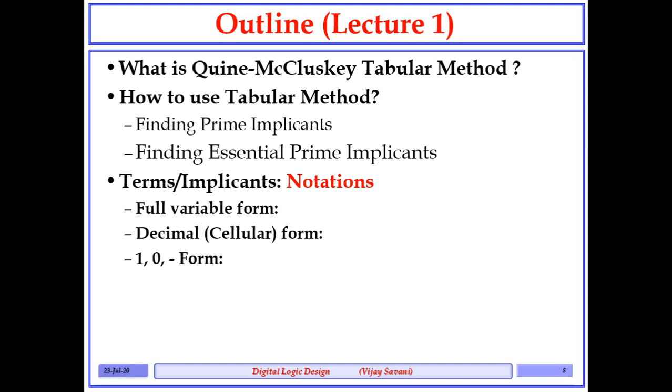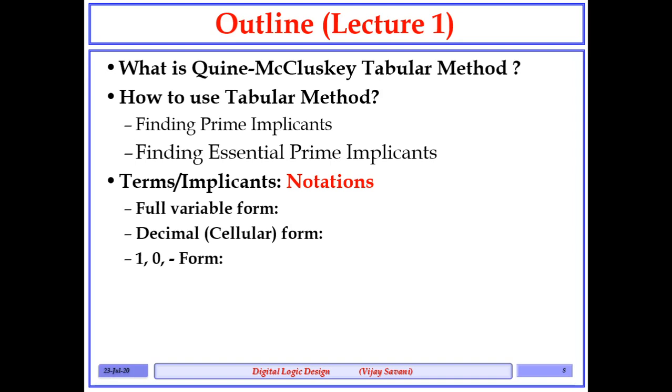During the course of this learning, in this session we will also discuss the implicant, or I mean to say term notation method. There are 3 different methods by which you can represent the terms or implicants, which are known as the full variable form, the decimal form, which in some of the literature is also known as the cellular form, or 10 dash form.